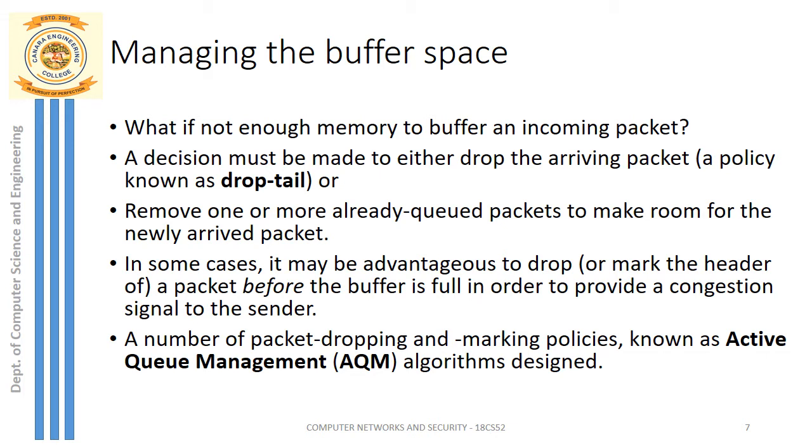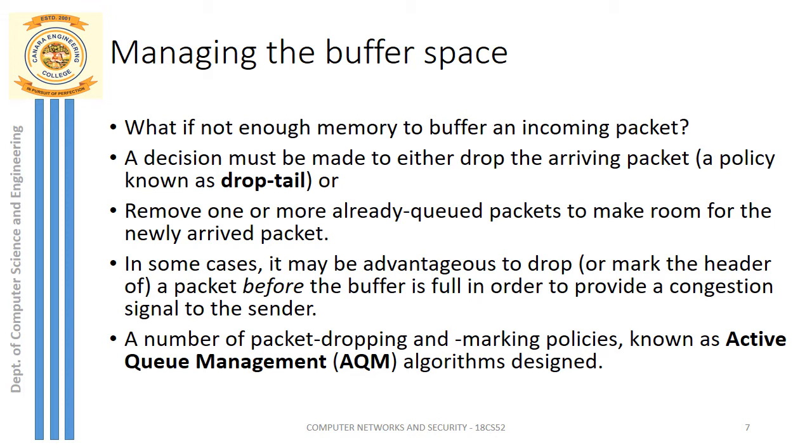In some cases, it may be advantageous to drop or mark the packets before the buffer becomes full, so that this will be an indication to the sender about the congestion. Collectively, these are the algorithms mainly used for active queue management.